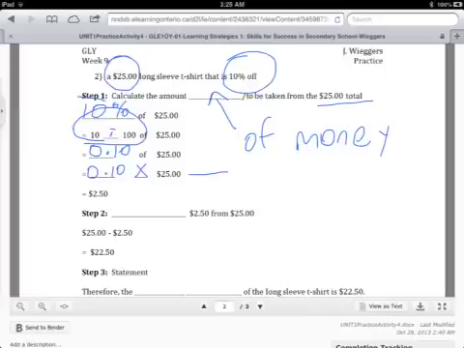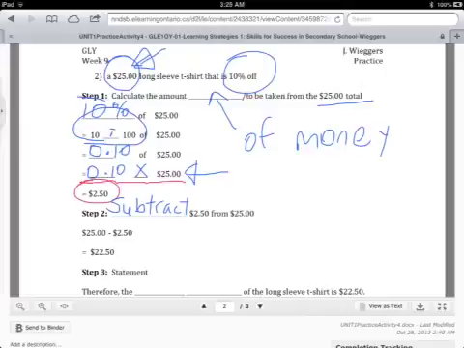So when you punch 0.10 times $25 into the calculator, you will get $2.50 as an answer. The $2.50 is the amount of money that you're going to take off of the regular cost of the shirt, which is $25. So step 2 is to subtract $2.50 from $25.